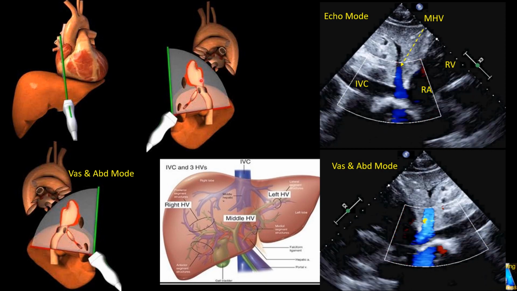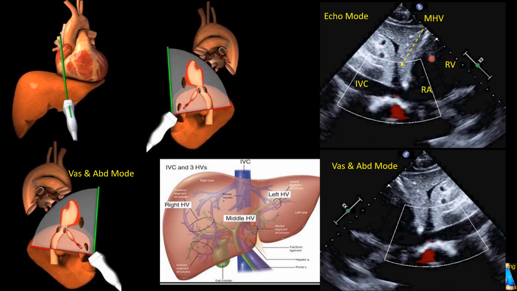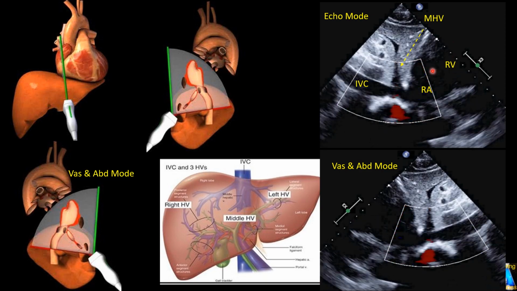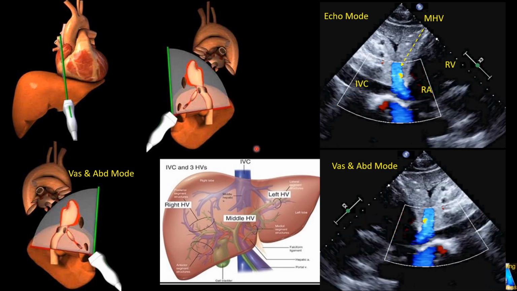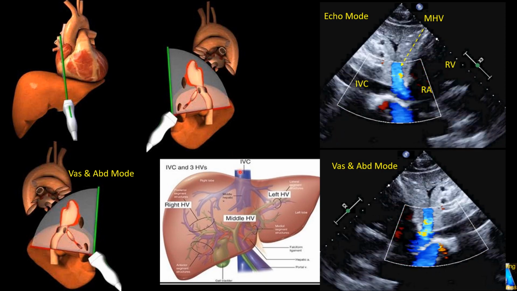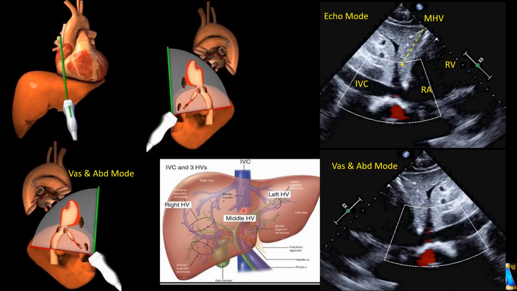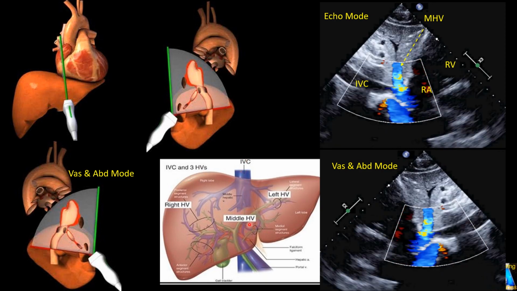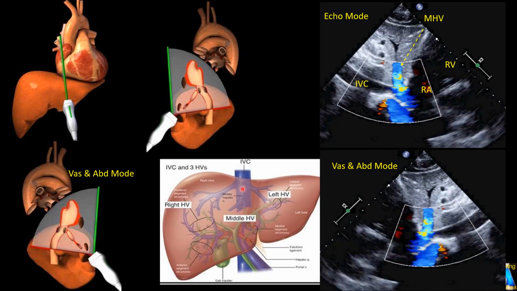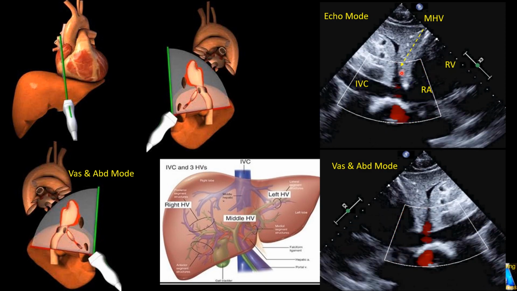As you can see here, we have the right ventricle in this area, the right atrium, and the tricuspid valve showing up a little here. As you can assume, when our sector passes exactly here, most of the time we will see the middle hepatic vein, as you can see here too.